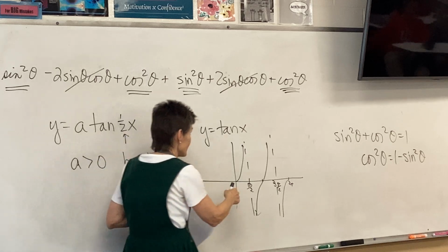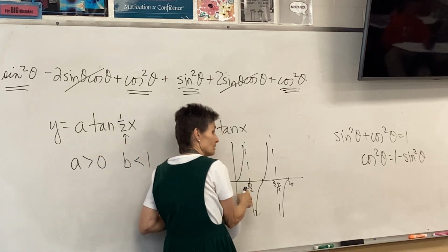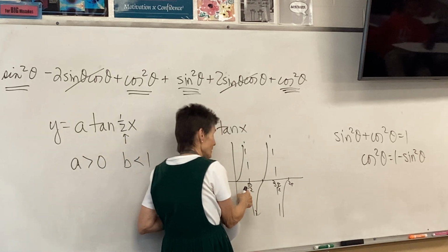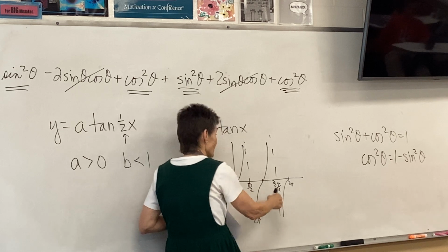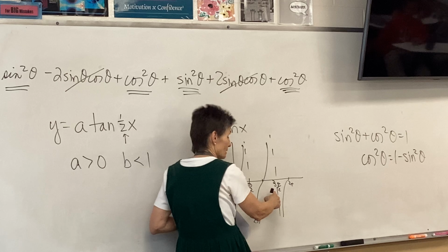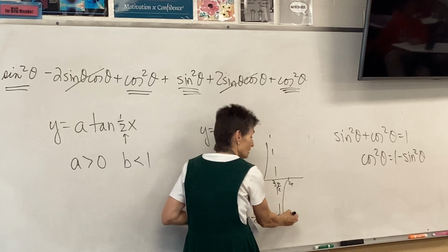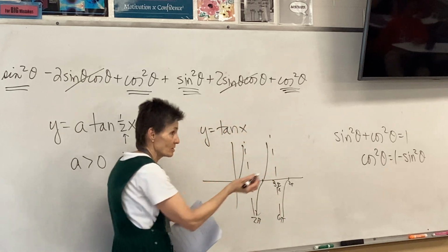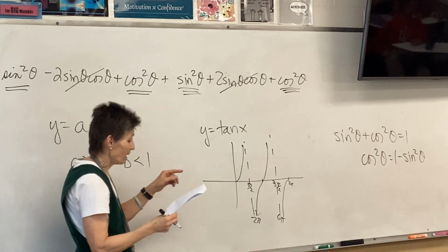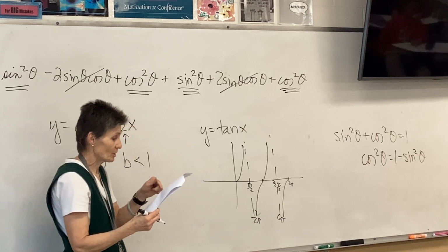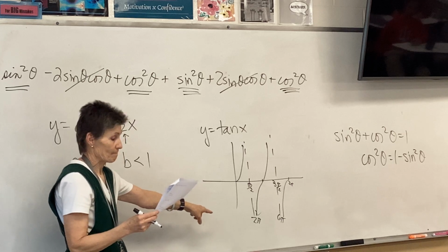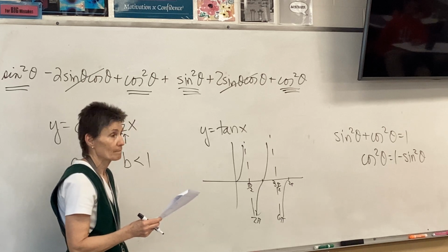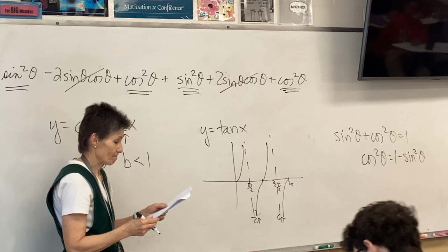So instead of this being here, where's it gonna be? At 2 pi? And where's this one gonna be? 6 pi? And so on and so on. So which of these options describes that? C.